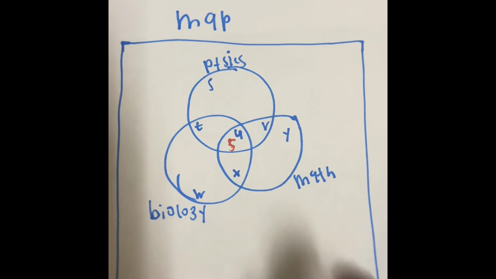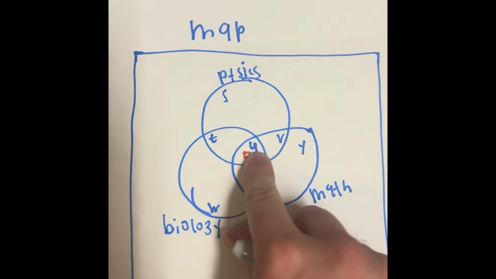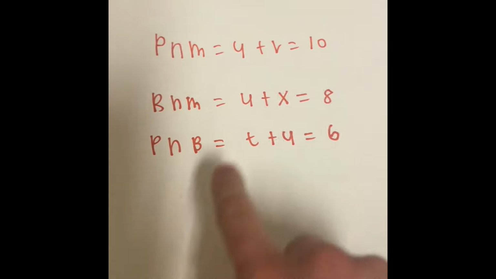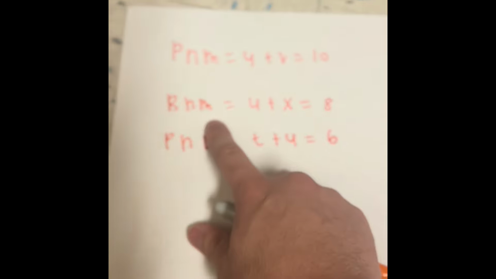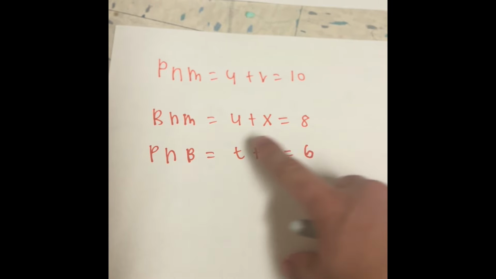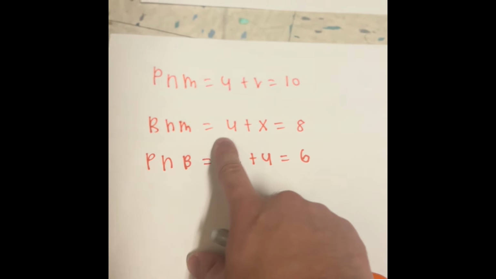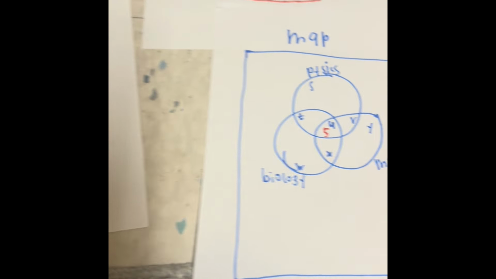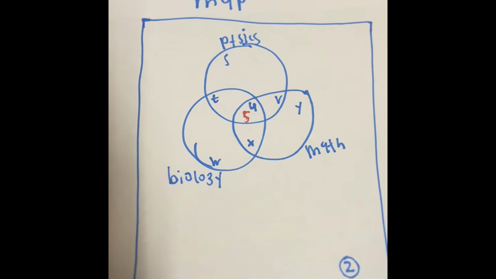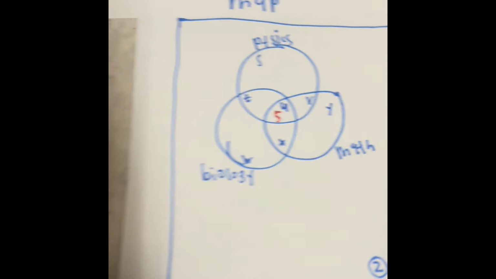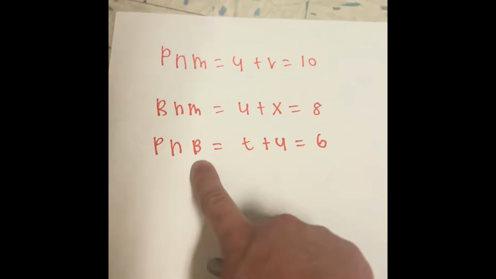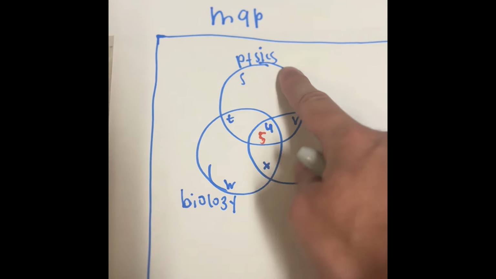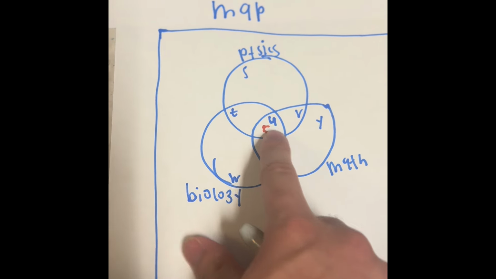So physics and math is V and U. 8 people took bio and math, which is U and X. And the last part, 6 people took physics and bio, which is T and U, the intersection between physics and biology.